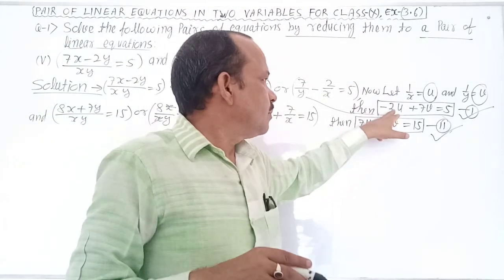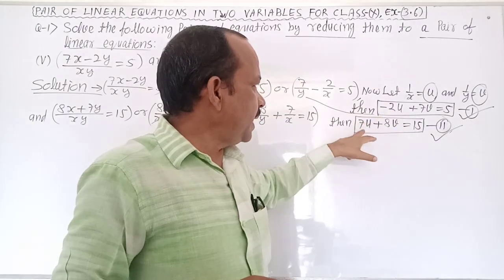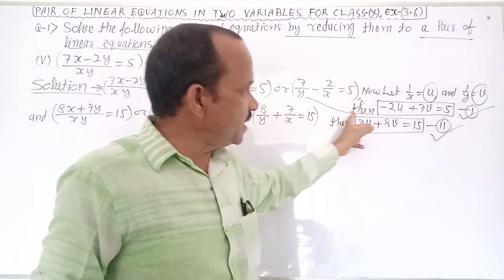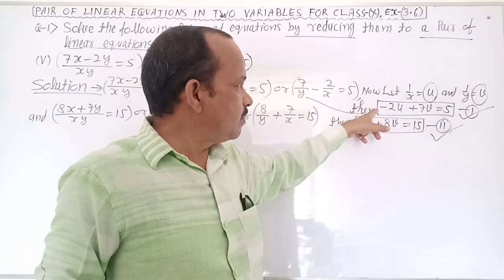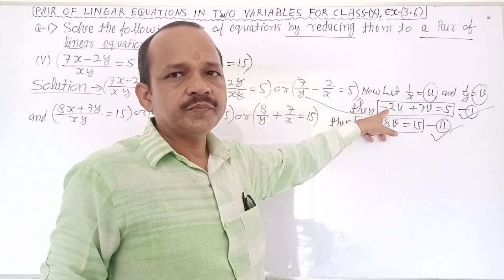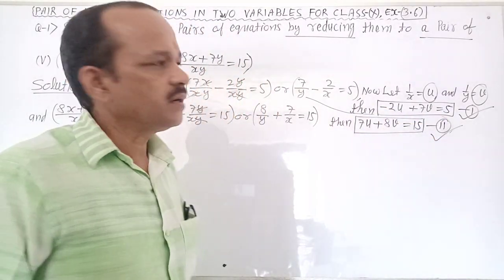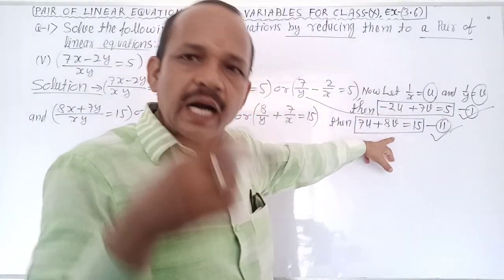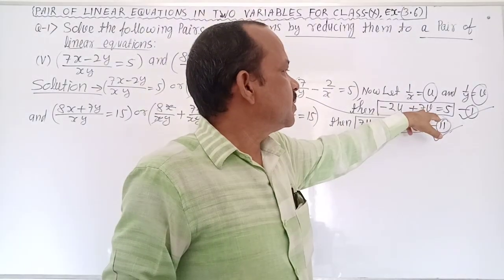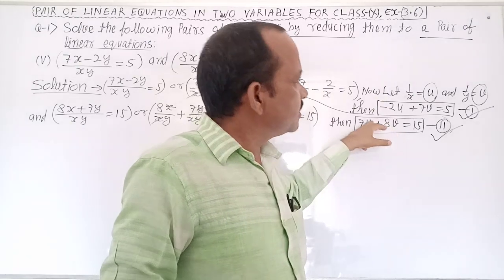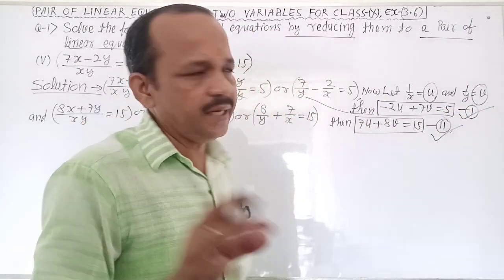Here minus 2u and here 7u. So you multiply by 7 in equation first and minus 2 by minus 2 in equation second. Or you can multiply by 7 in equation second and by 8 in equation first. Clear?